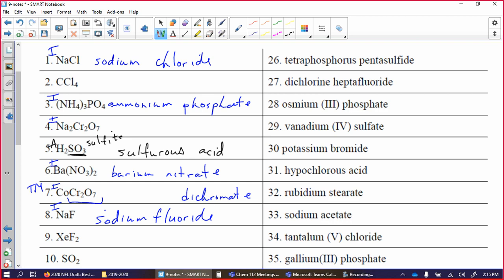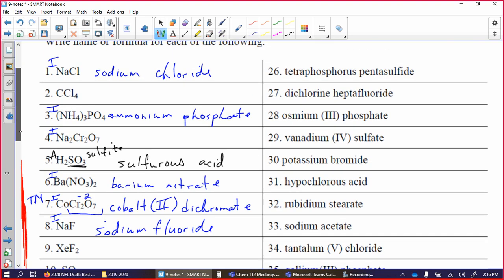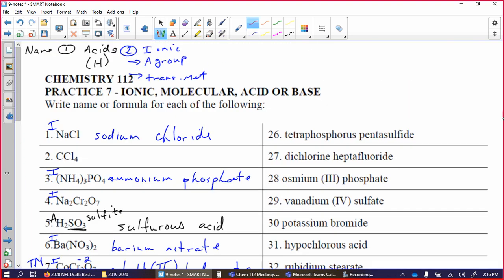It is -2. If the dichromate is -2, the cobalt has to be, there's only one of them, +2. So there's my ionic compounds, and it's the same logical steps.